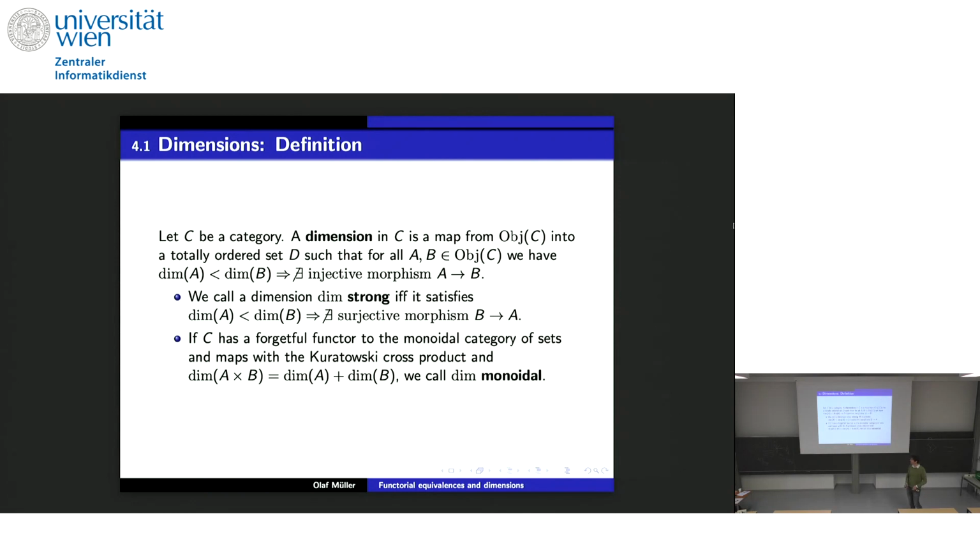So dimension should be a map from the objects of the category to a totally ordered set, organizing injective morphisms between them, just serving as an obstruction against injective morphisms. Then we call it a dimension strong if it is also an obstruction against surjective morphisms, and maybe we could call it monoidal if it also respects products. It's just a working definition.